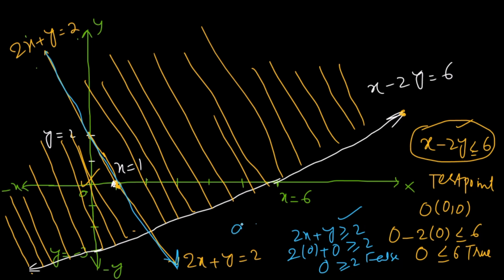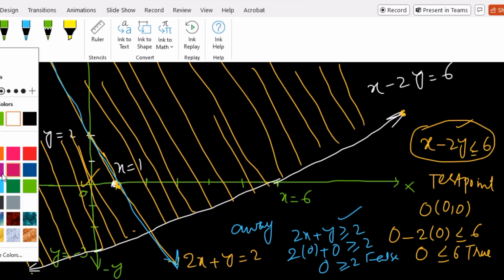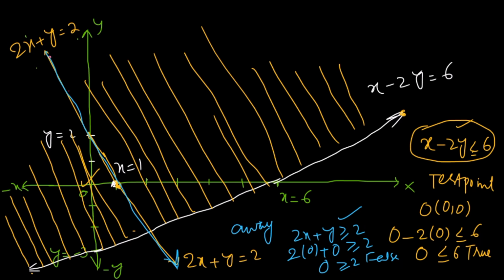The graph of the second inequality is away from the origin. Meaning to say, we will not shade it towards the origin. So its graph will be away from the origin like this, because the origin is here below this line. So we will shade away from the origin.